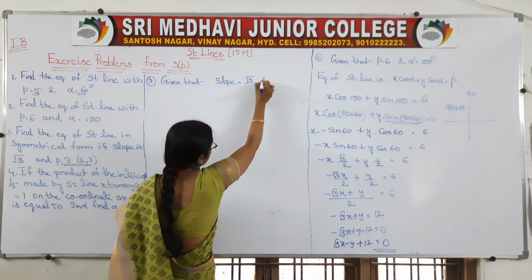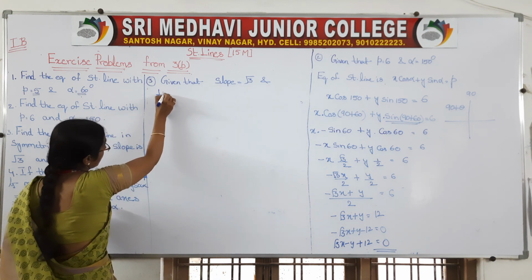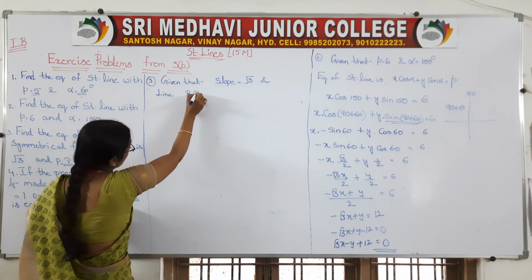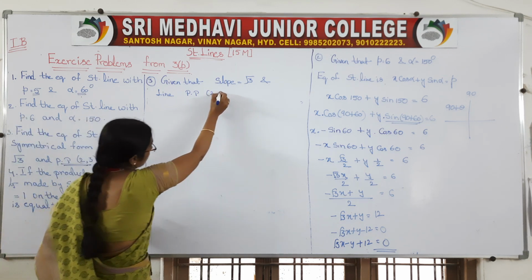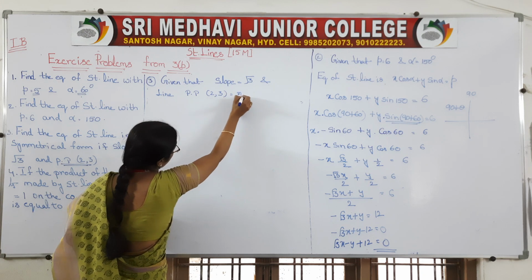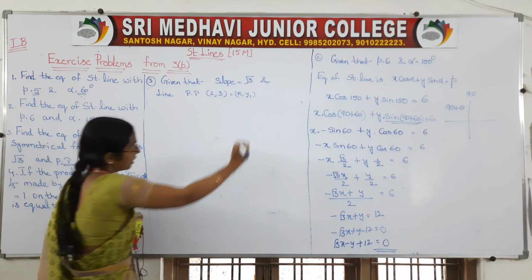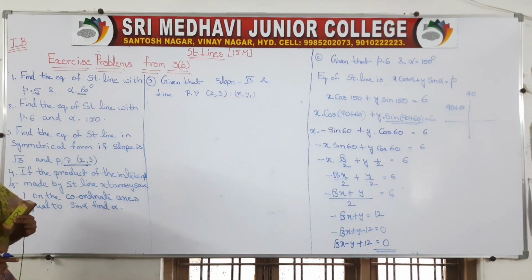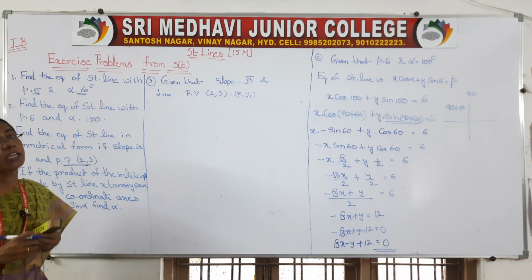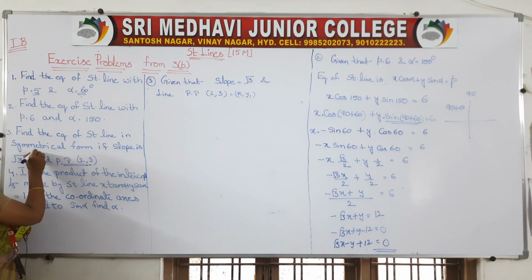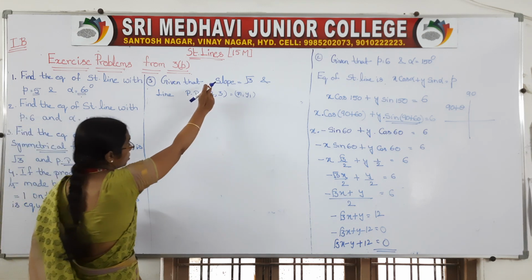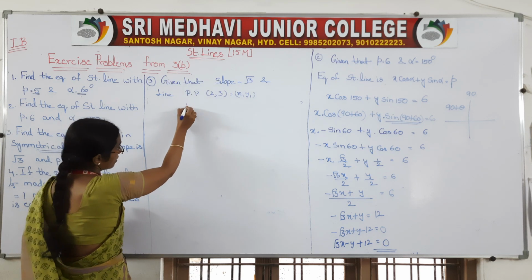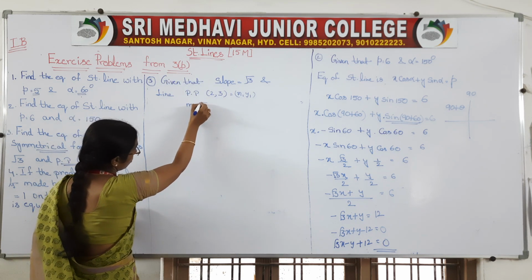And the line passes through which point? 2, 3. So this is your x1, y1. We have to write the equation of the line in symmetrical form. What is the formula for the equation of the line in symmetrical form? Here slope is given, which means m is equal to root 3.